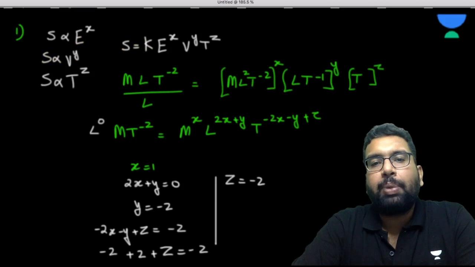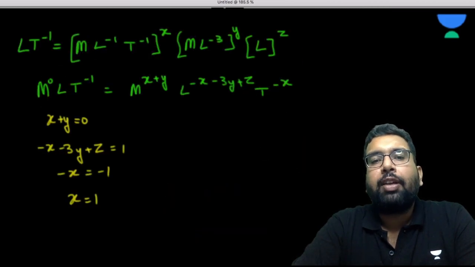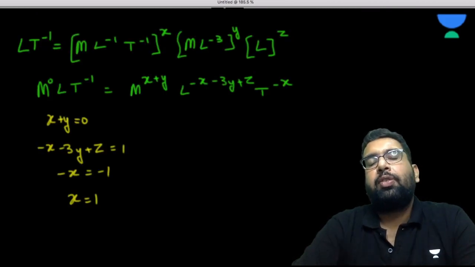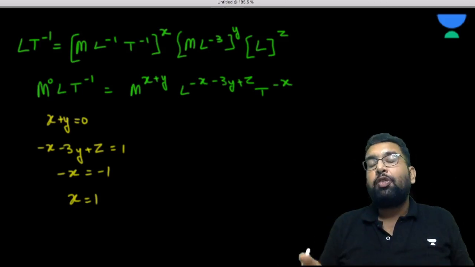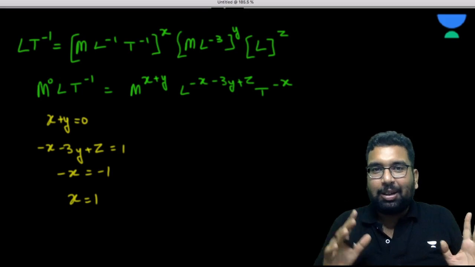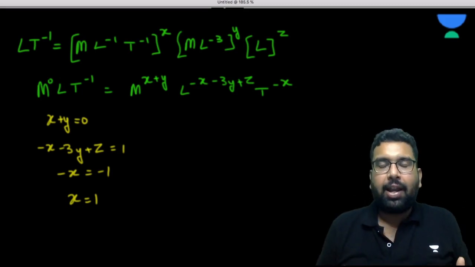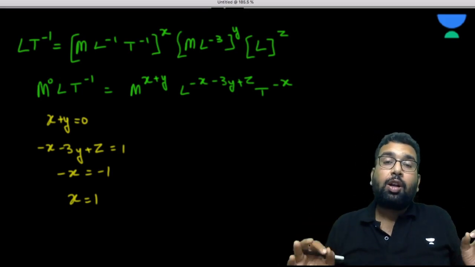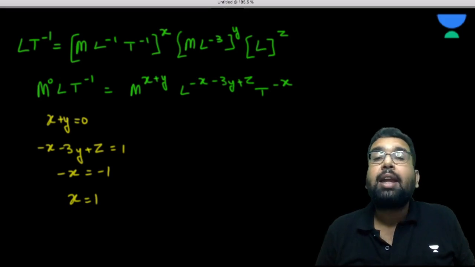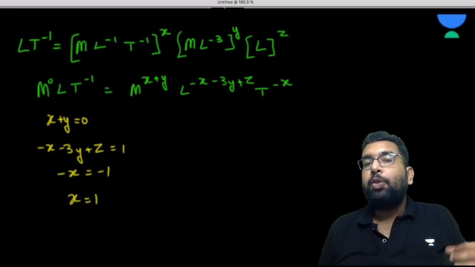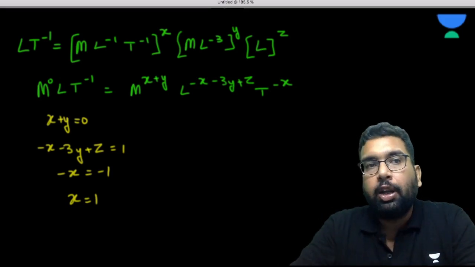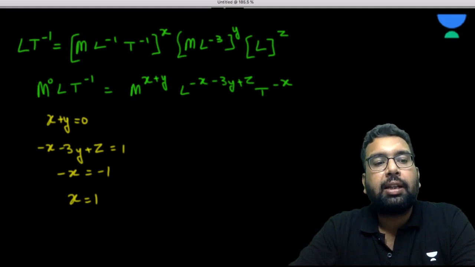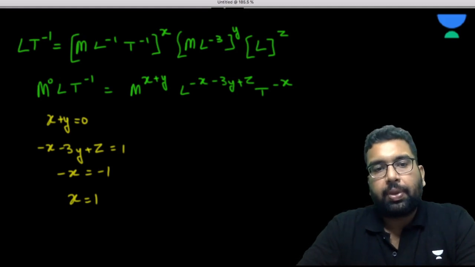If you observe the options, you need not find z if you have found y, because options are that way. In the competitive examination, saving time is also very important. If you save a few minutes from a question, you can use those minutes in some other question.